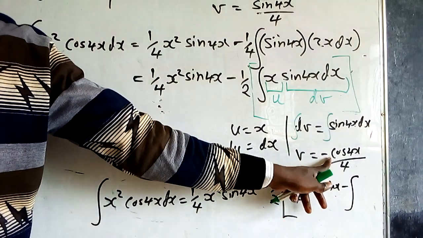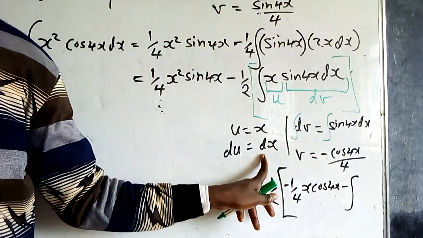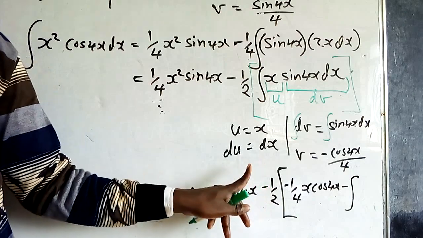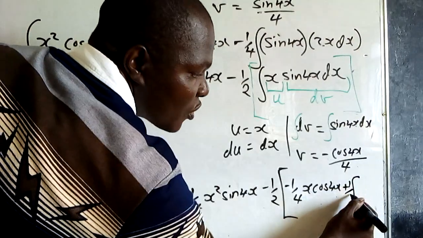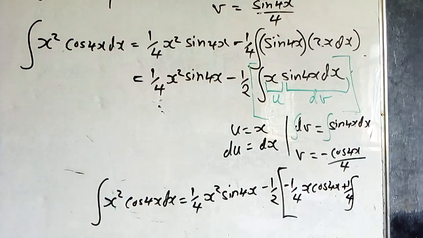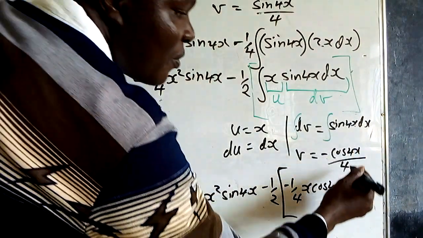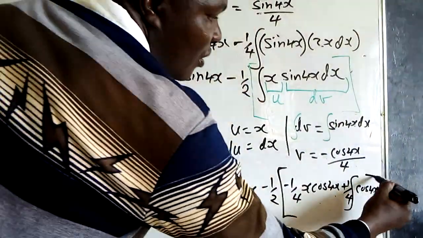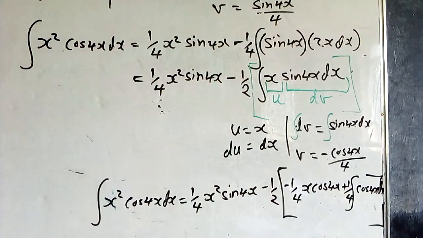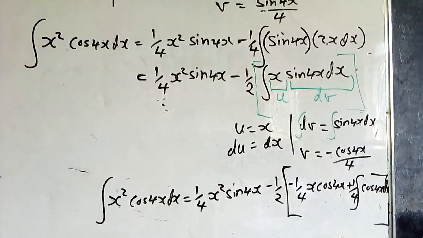And your v is negative 1 over 4 cos 4x, and du is dx, isn't it? If you multiply v du, what do you get? Negative 1 over 4 coming outside, it changes the sign to positive 1 over 4. Negative times negative is positive, isn't it? Then you remain with cos 4x dx. So it means you have to deal with that bracket.